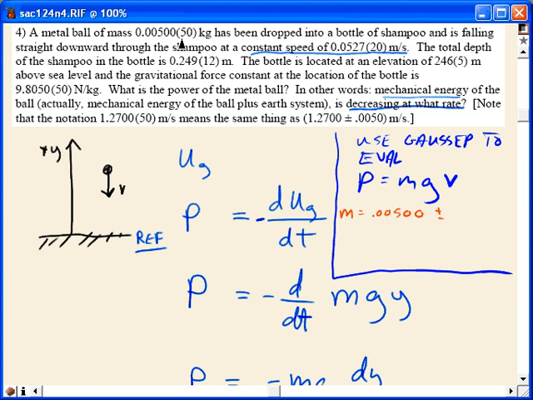Now this bit means take the last two digits and consider them the uncertainty, so with 3 zeros in front, 0.00050 kilograms.